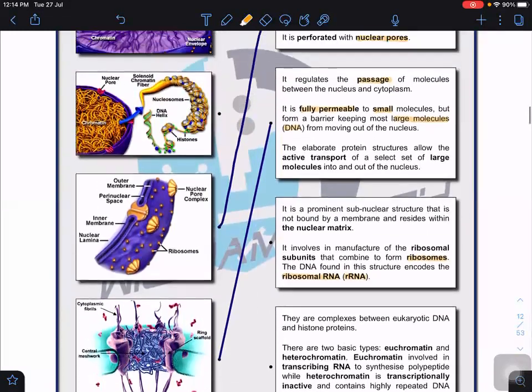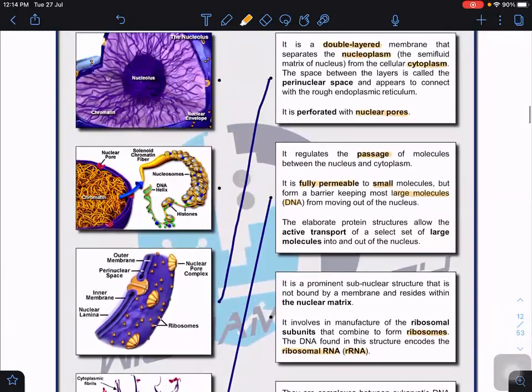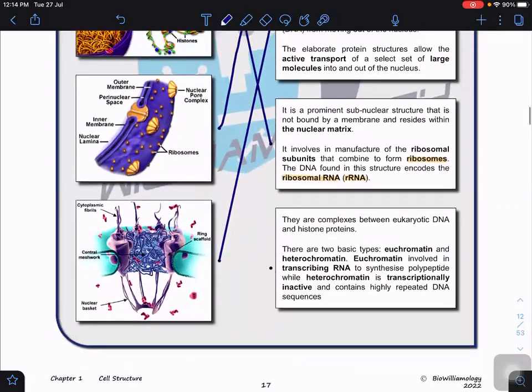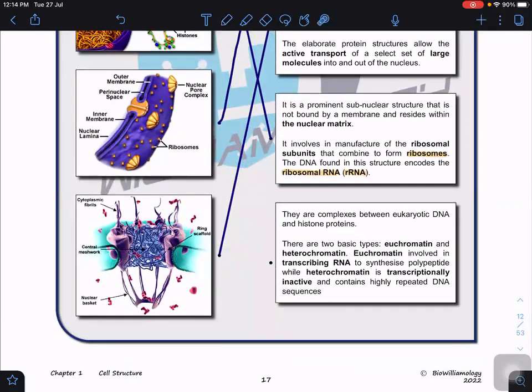So this one must be the nucleolus. The last one: a complex between the eukaryotic DNA and the histone proteins, holding DNA together with histone protein. So DNA and histone protein, this one must be chromatin.